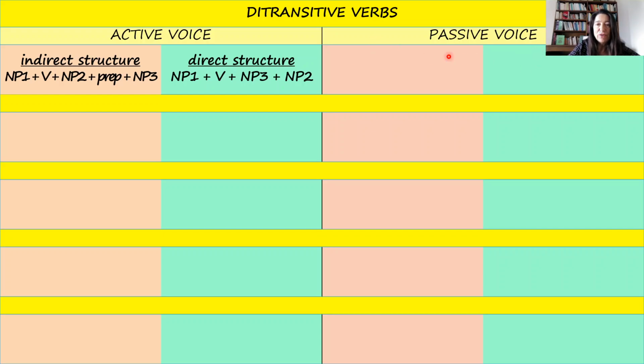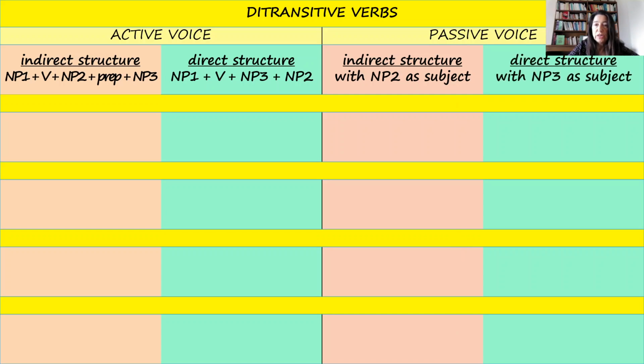And in the passive voice, there are also two structures that are possible. The indirect structure, with NP2 as the subject, and the direct structure that starts with NP3 as subject.